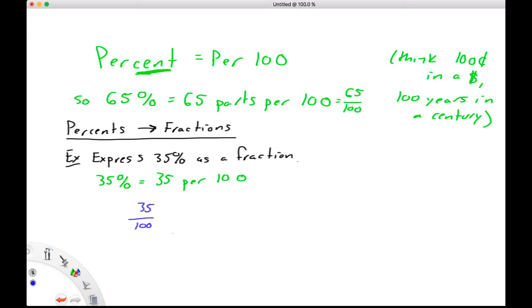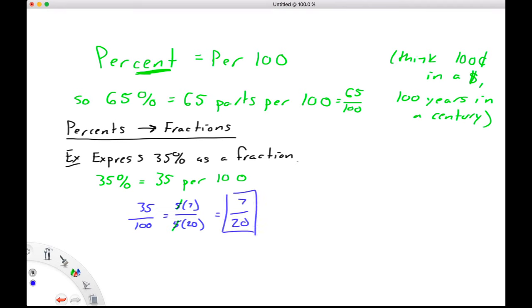Now, of course, we can simplify this, and we should, right? Each of these has a factor of 5. 35 is 5 times 7. 100 is 5 times 20. And so when we reduce that by canceling out the 5s, we're left with 7 20ths.